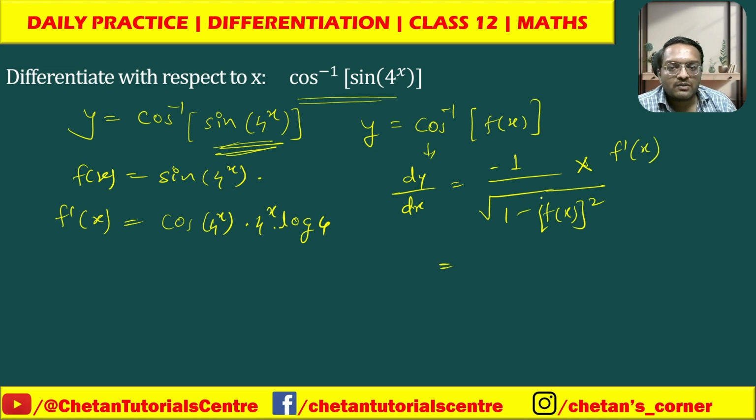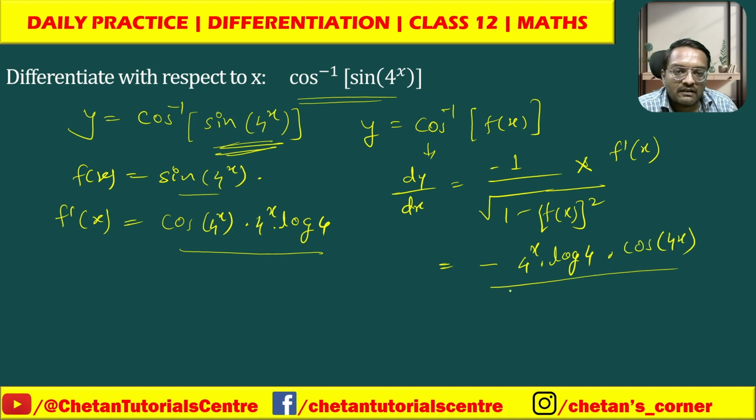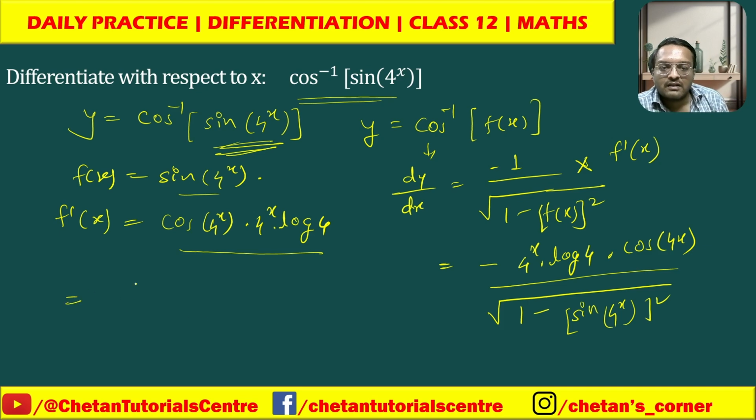Now what I will do, I will put values of this function over here. Then what I will get, minus 4 raised to x into log 4 into cos of 4 raised to x divided by under root of 1 minus f of x, which is sine of 4 raised to x bracket square.